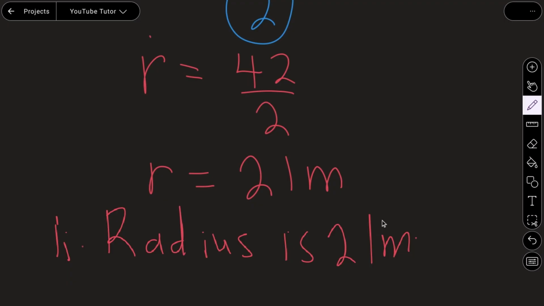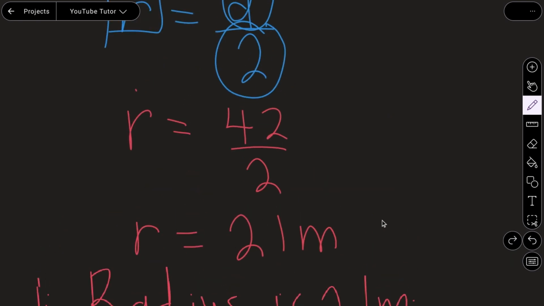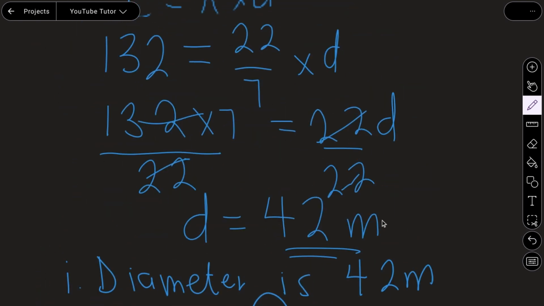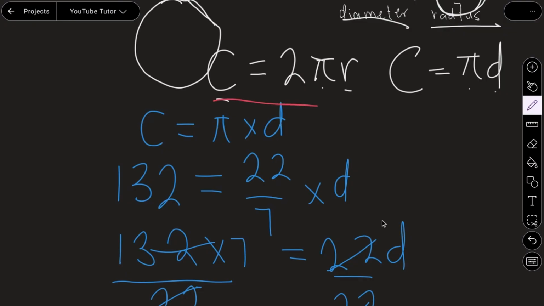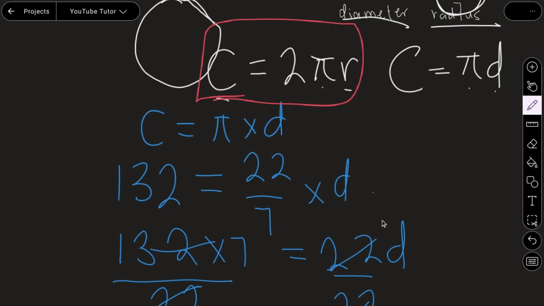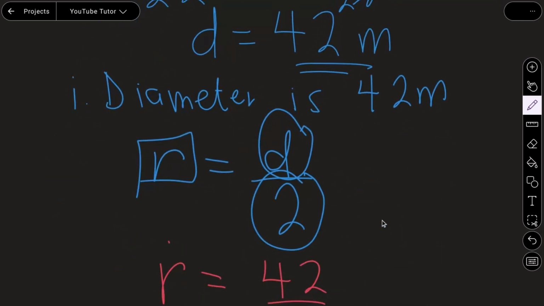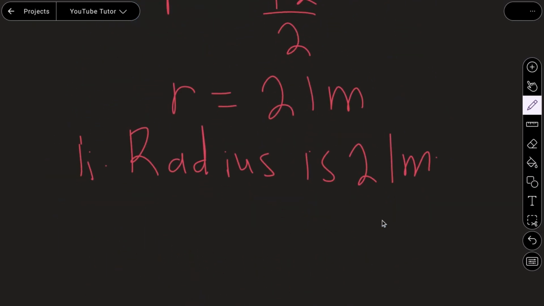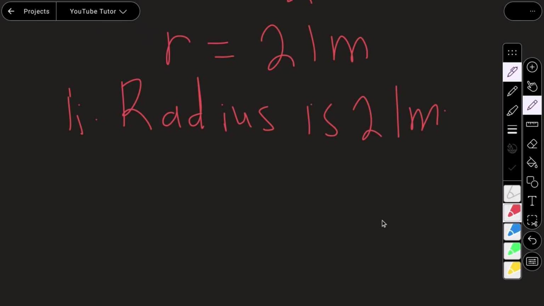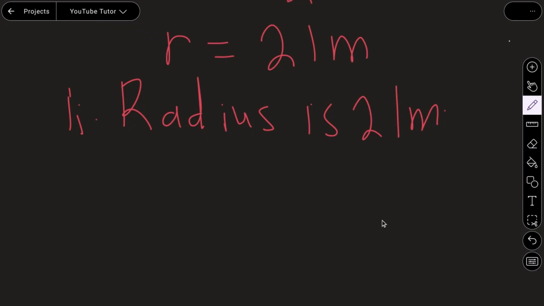So to do a quick check, we can use this formula I gave you to check to see if the circumference is indeed what they gave to us in the question. So let me bring it back to white. So we have C being equal to 2 pi r.